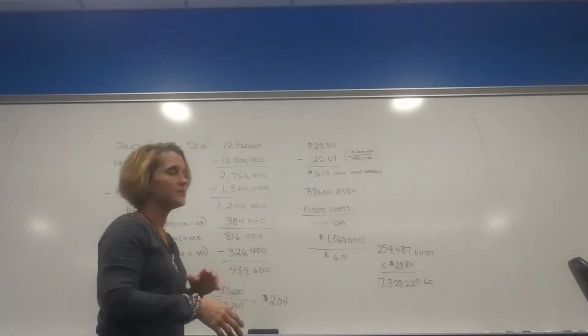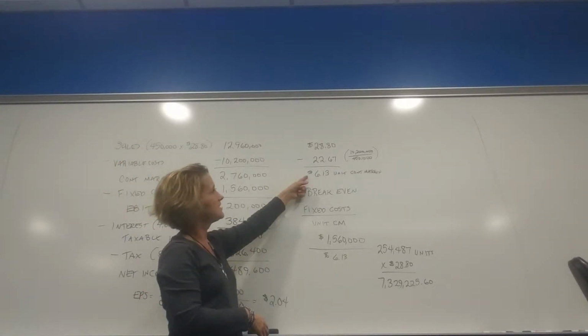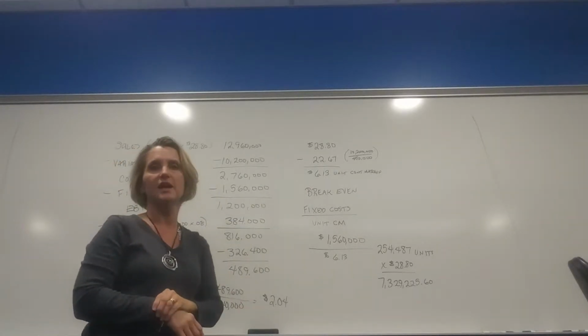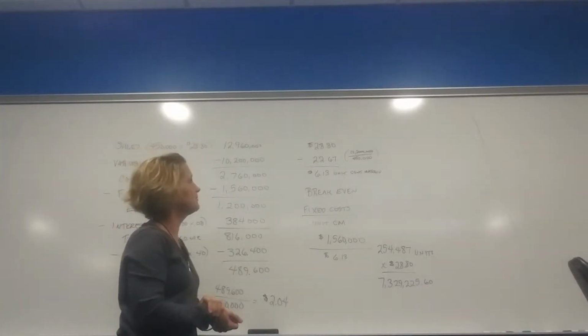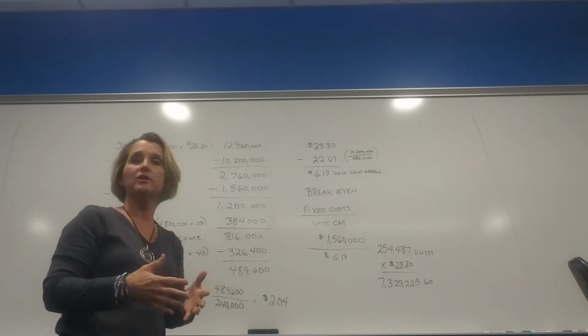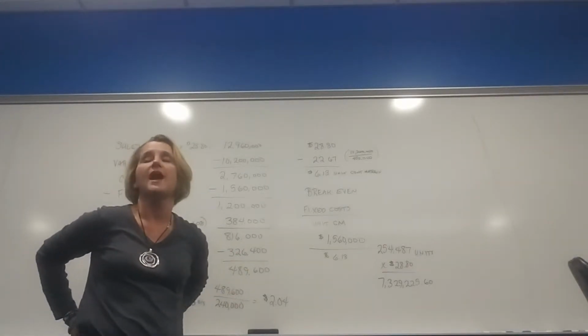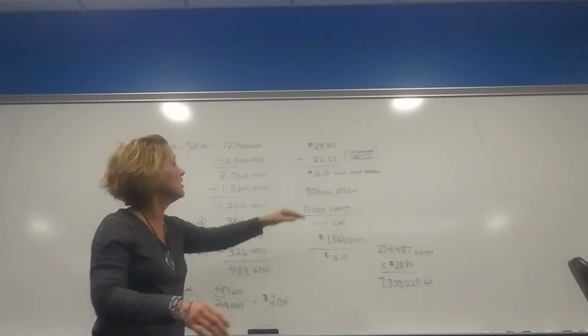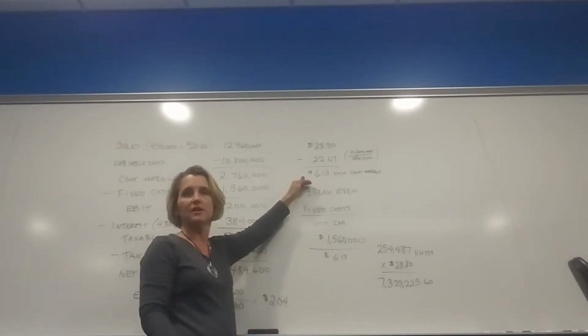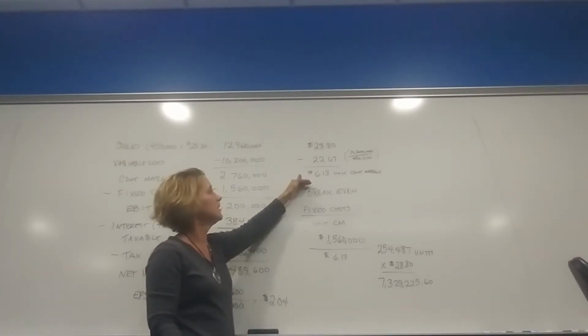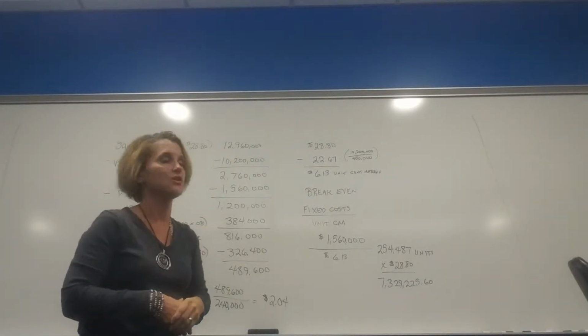Again, I had to round it, but that's okay. So that leaves a $6.13 unit contribution margin. And if we want to calculate our break-even point, we're saying how many units do we have to sell, knowing that we're making $6.13 per unit to cover these fixed costs.